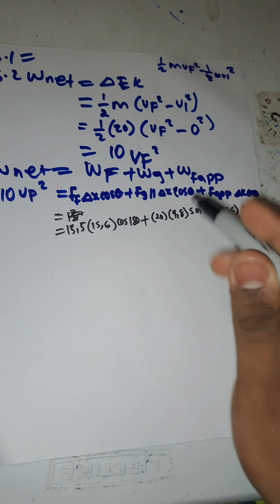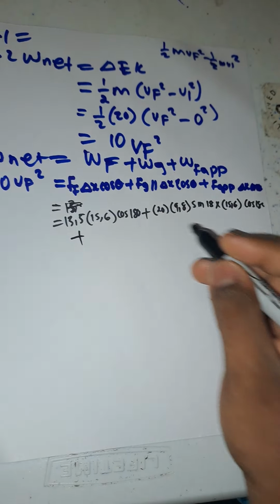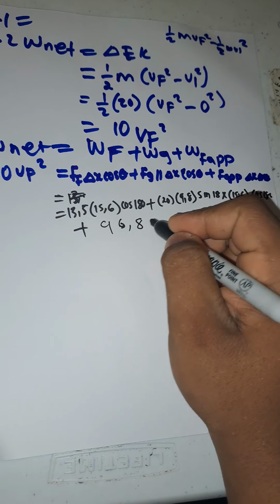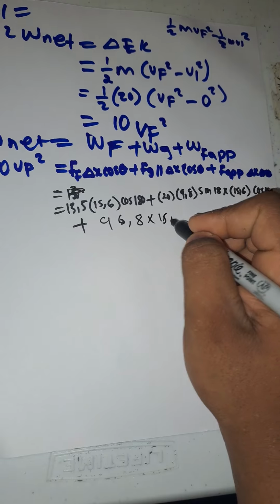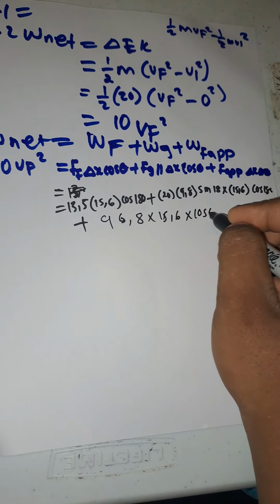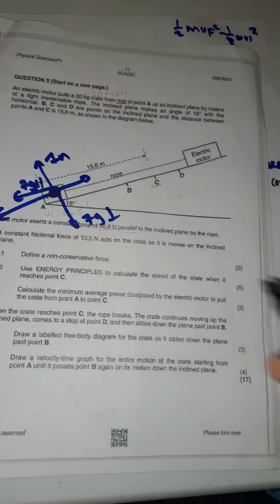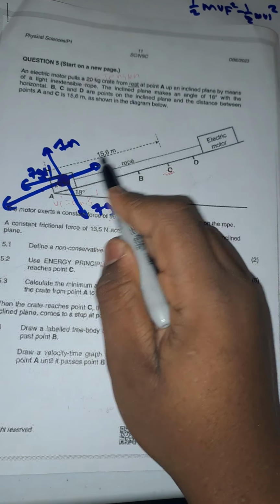Now let's go. I'm left with plus force applied, so it's going to be plus 96,8 times 15,6 times cos 0. Because now check, this 96,8 is going in the very same direction as the motion, so it's going to be cos 0 there.